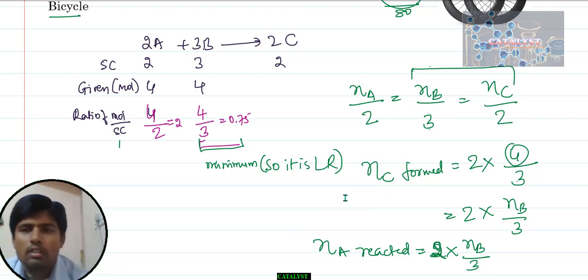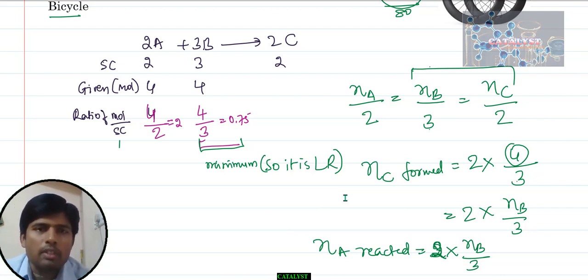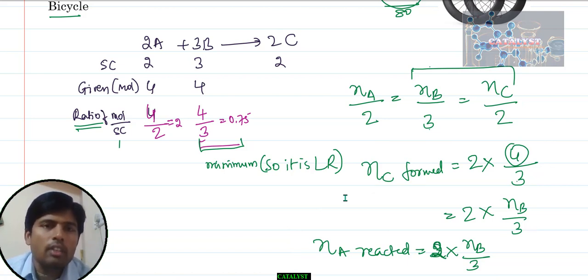So let us take one question based on this concept. I hope it's very simple and it's very clear here. So we basically have to calculate the ratio of number of moles given to stoichiometric coefficient. That will give us another number, which is actually the ratio of number of moles to stoichiometric coefficient.